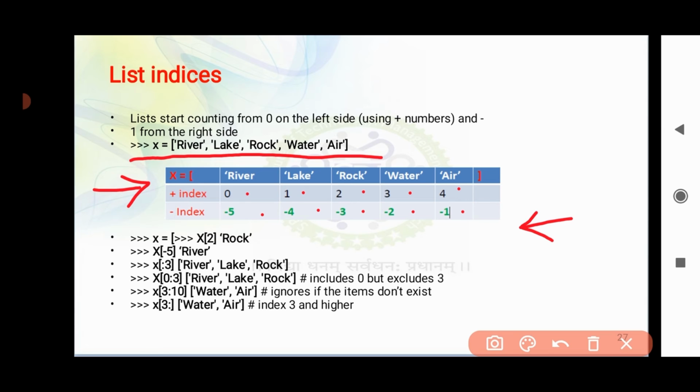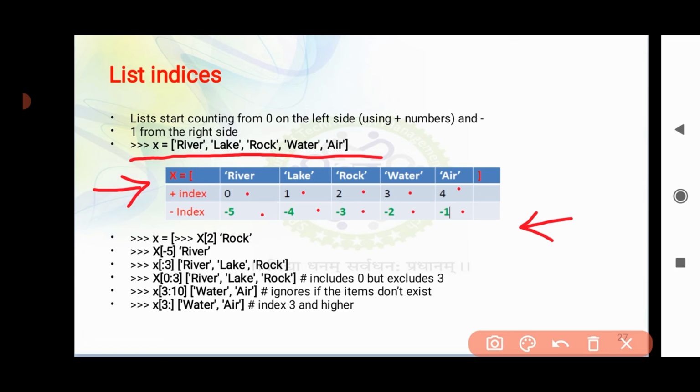So when you perform different operations in order to access the different values or elements from a list, the results depend on the index value for that particular element within the list.